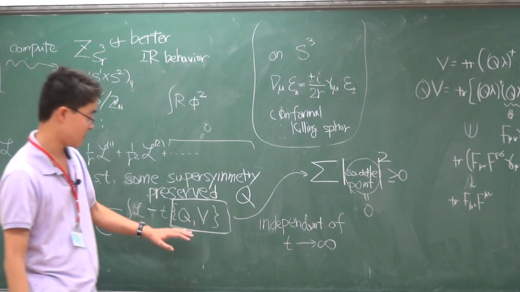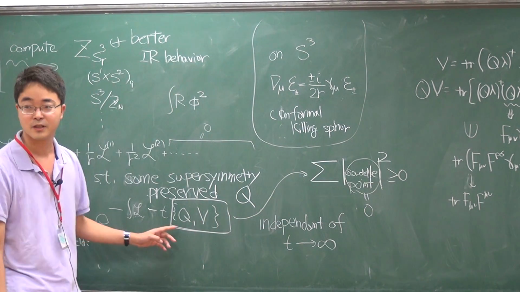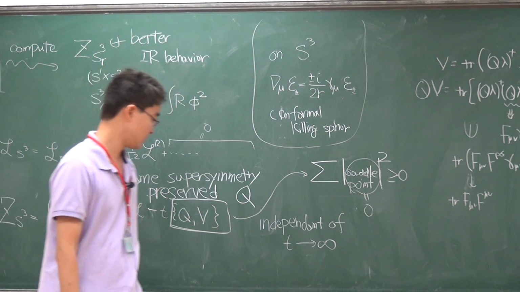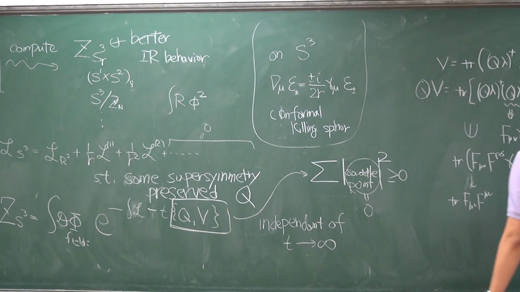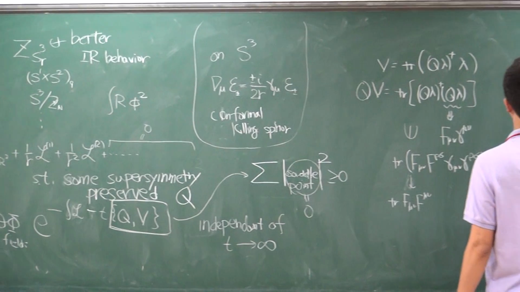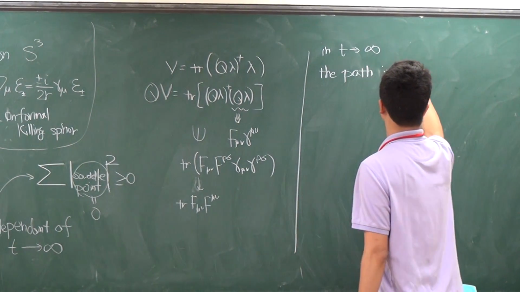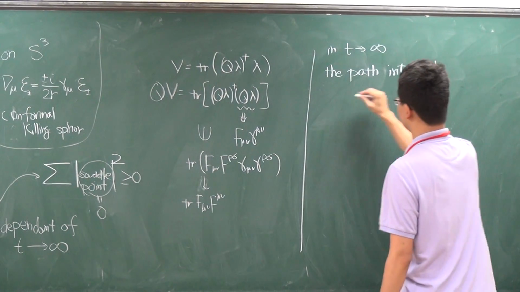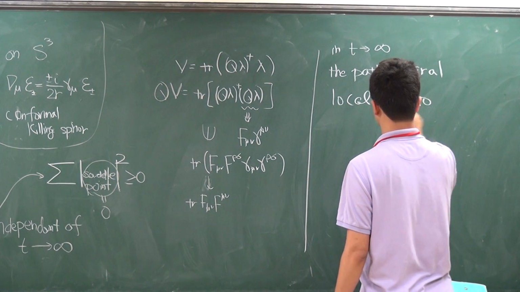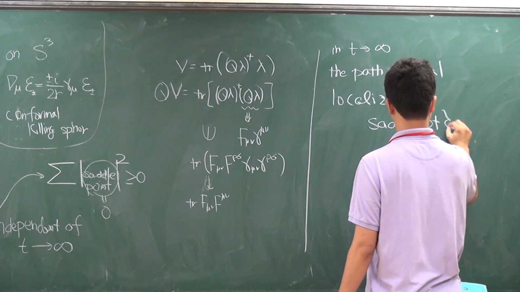And that means that the fields could actually fluctuate a little bit away from the saddle point, suppressed by some power of 1 over t. So, in the limit, the path integral localizes to saddle point configurations.